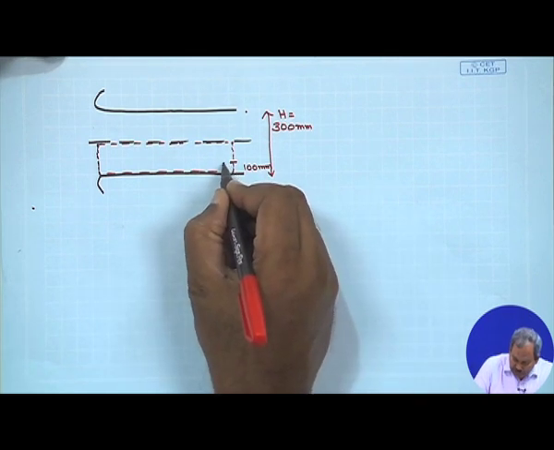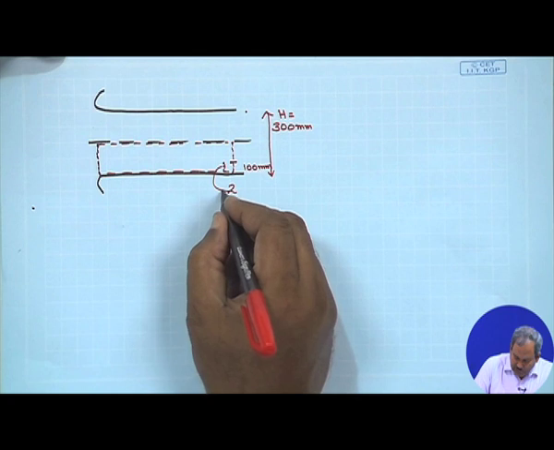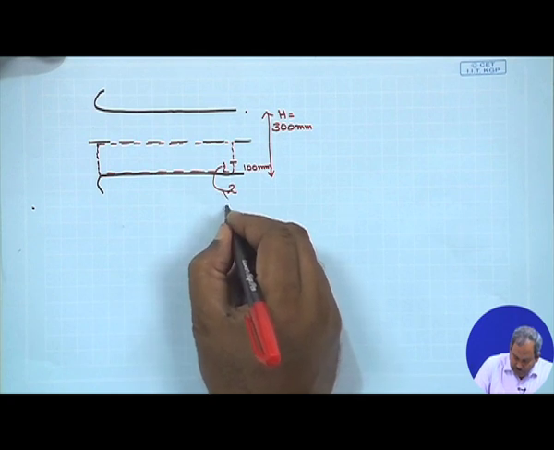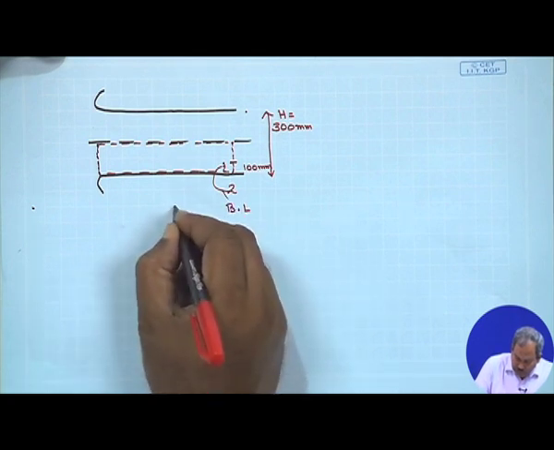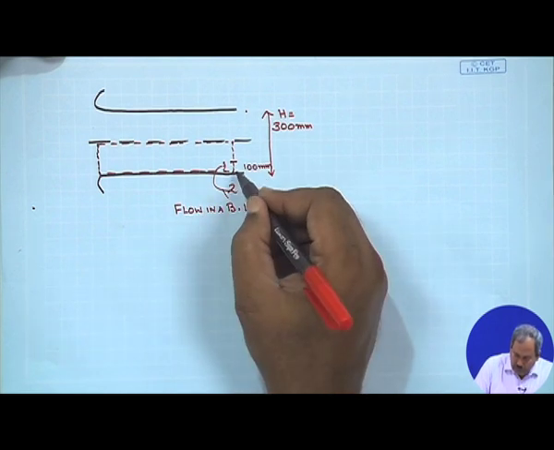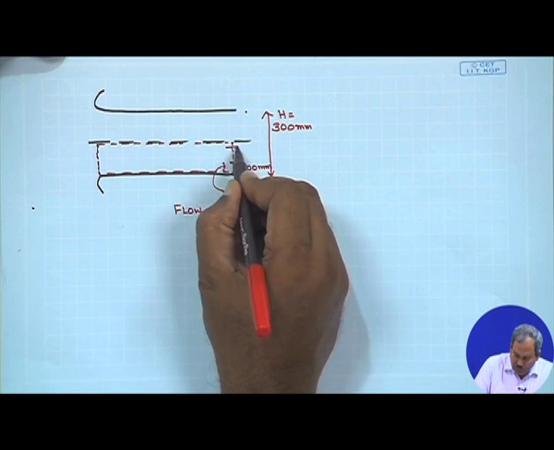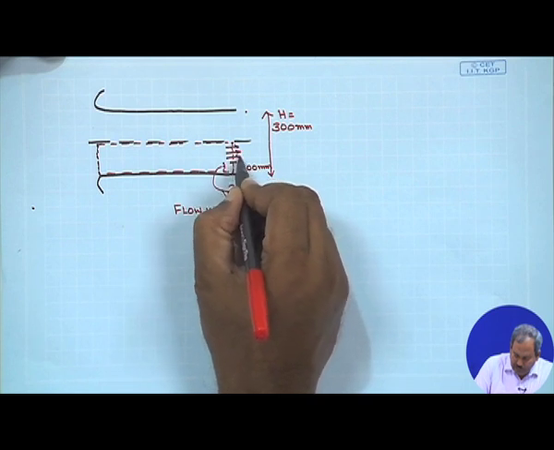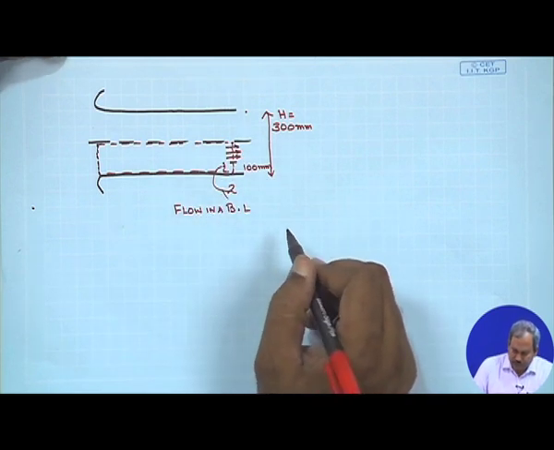So, in here I am going to have flow in a boundary layer of thickness delta 2, and over here the velocity is going to be constant.